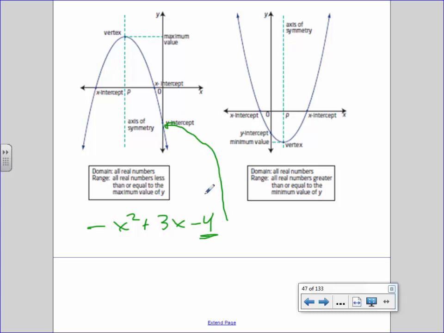Your y-intercept is always the constant term. Now, I don't know that this is exactly the right graph, but the negative makes it go upside down, and the constant term gives you your intercept. This one right here, I know that it's going to be like positive x squared plus 3x minus 2. And I know that because this is like, say, minus 2 right there. The positive makes it smiley face. That makes sense? All right.